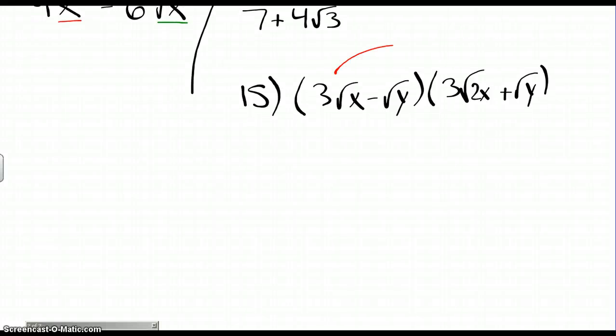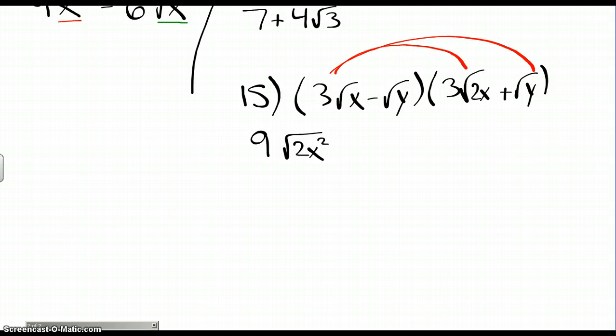I'm going to distribute the 3 times the square root of x, multiply the coefficients in front, so I get 9, and I'm going to multiply what's underneath the square root, so 2x squared. Then I'm going to distribute the 3 times the square root of x times the square root of y, so I get plus 3 times the square root of xy, which is both underneath the square root.